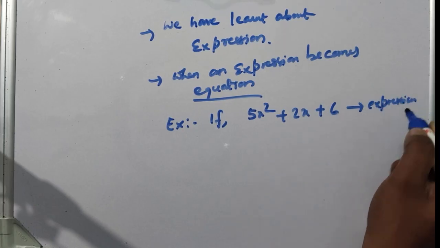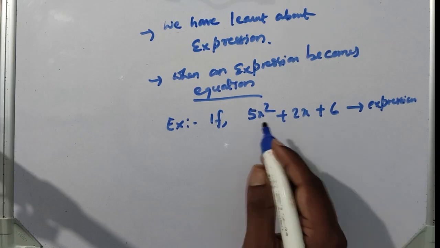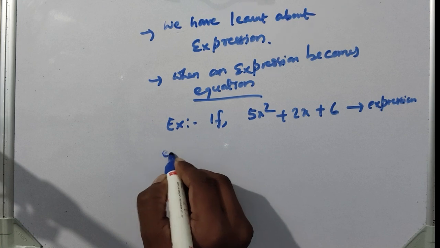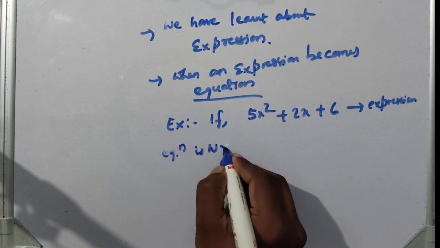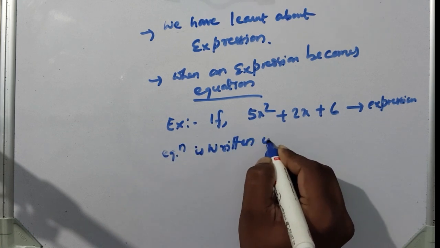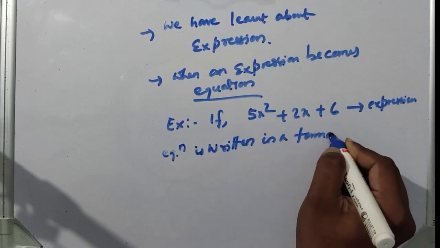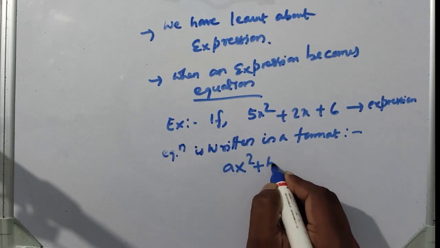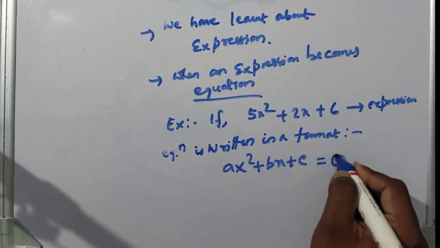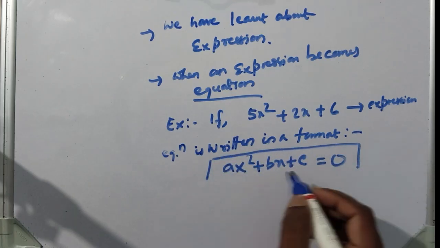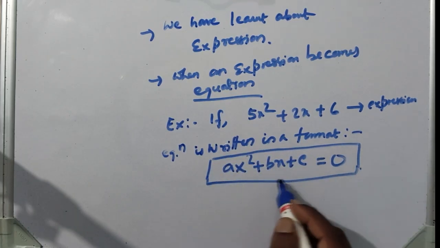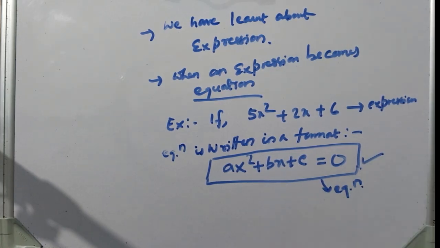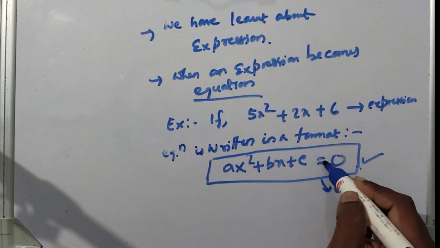Okay, so can we write it in equation form? Let's check. An equation is written in the format ax square plus bx plus c equal to 0. When an expression is written in this format, then it becomes an equation. Anything with this equal sign means equation.